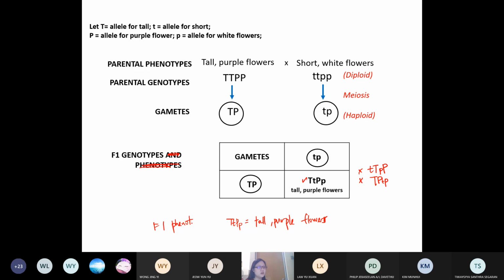But can you imagine if you have a huge diagram and a very complicated Punnett square? There's going to be a very, very long list of F1 phenotypes linked to its genotype. So might as well you just write in the table. Write in the table. So the answer is yes, you can, but you should not.